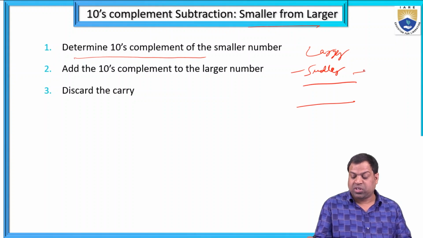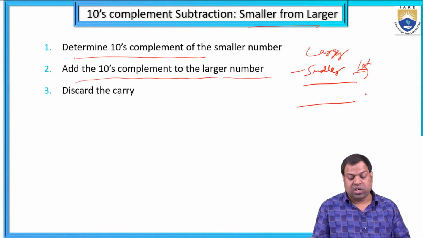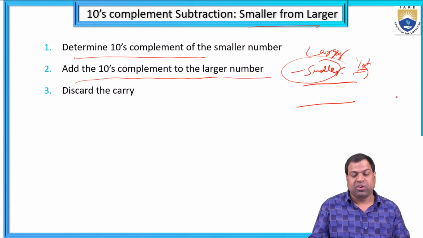After completing the 10's complement of the smaller number, add it to the larger and discard the carry.